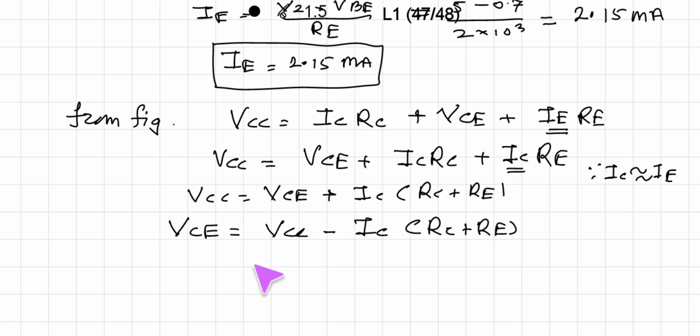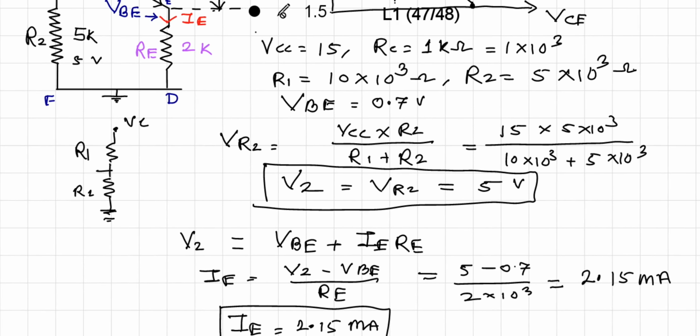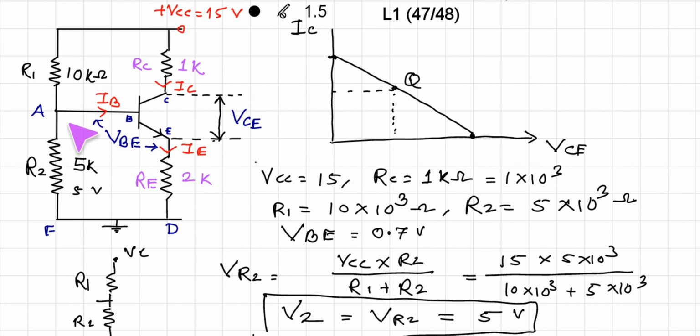Let us consider when IC is equal to 0. When collector current is 0, remember that when there is no base current flowing, this diode will not be conducting, so collector current will be 0.